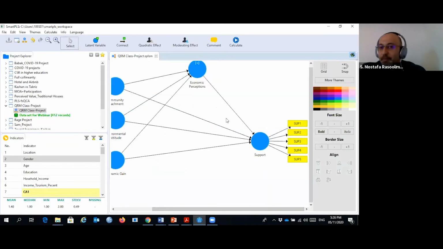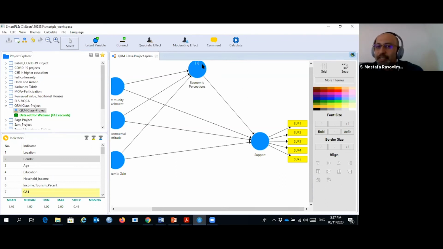For example, here, if I want to assess the moderating role of involvement, not only for this one, but for these three and these three, I have to create seven interaction effects, because each interaction effect only involves one IV and the moderator.